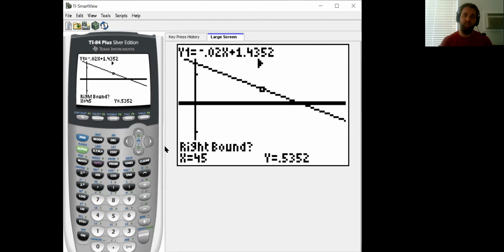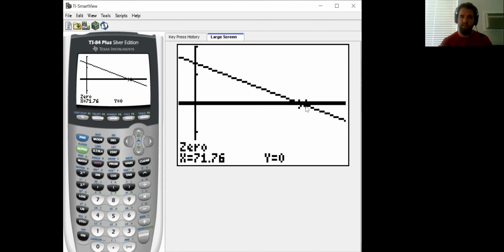It then wants us to go to the right of that 0. So I'm going to just keep on clicking to the right until I'm for sure to the right of that 0, which now I'm on the negative side. We're down here to the right, so that's definitely going to be good. And guess doesn't actually matter right now, so we'll just hit enter. And we come out with a 0 at 71.76, or about 72 years.